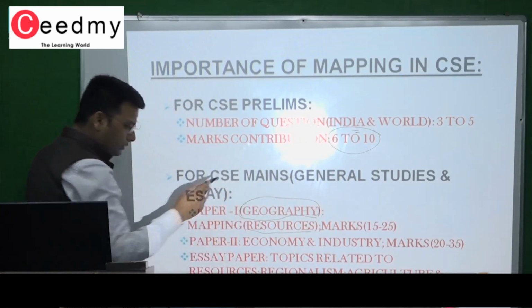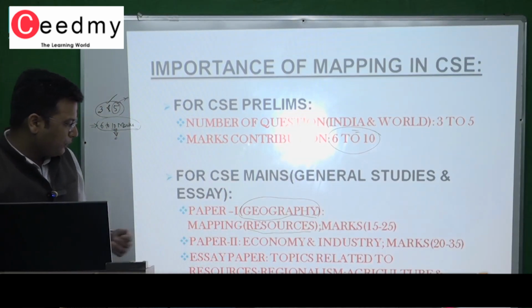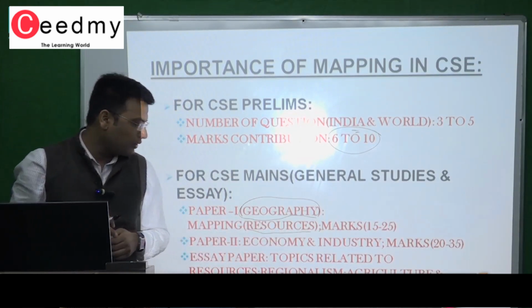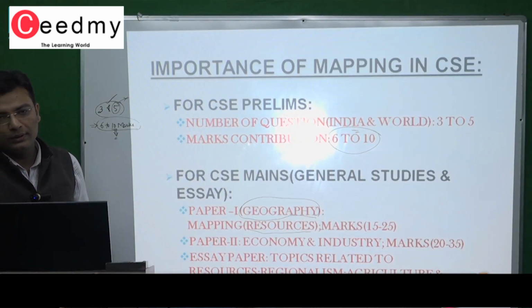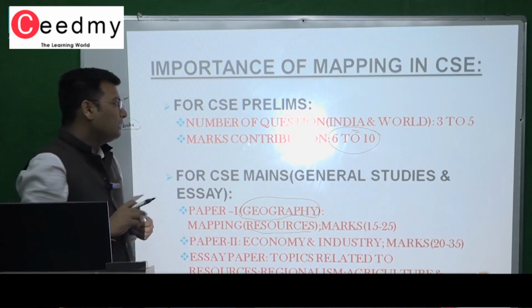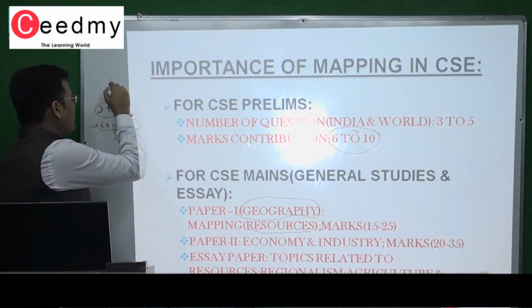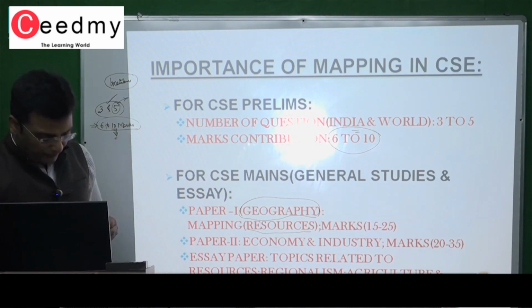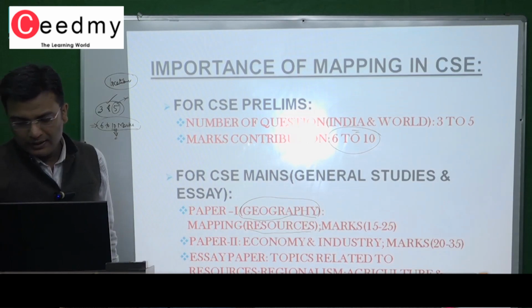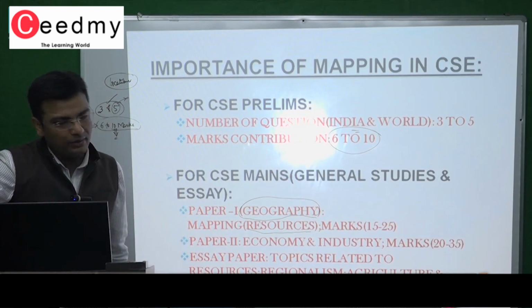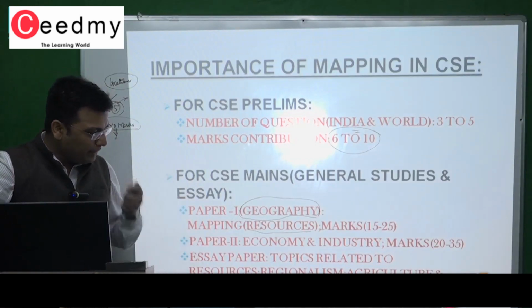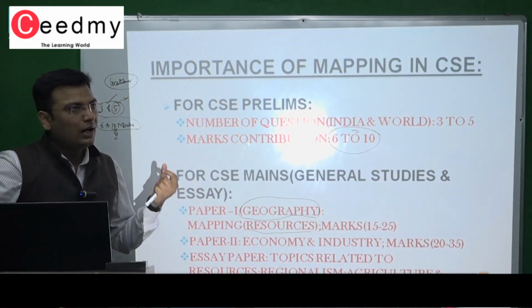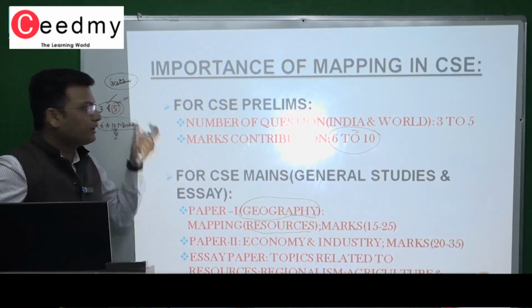To answer these questions based on resources, you must know the location of those resources also, because their location gives many hints for future prospects and easy availability of resources or raw material, and you can make many points out of that location itself.